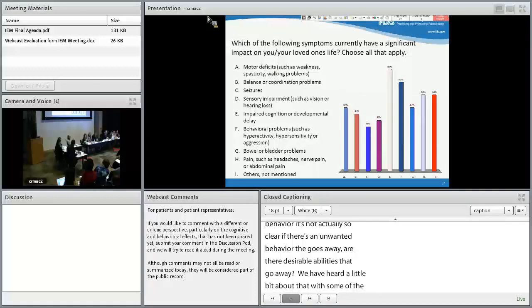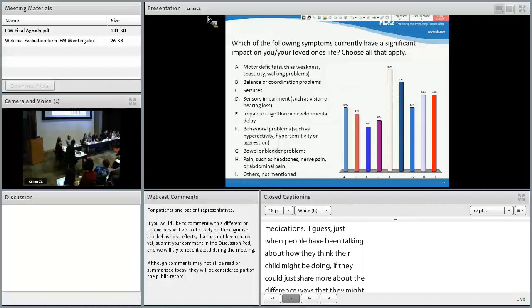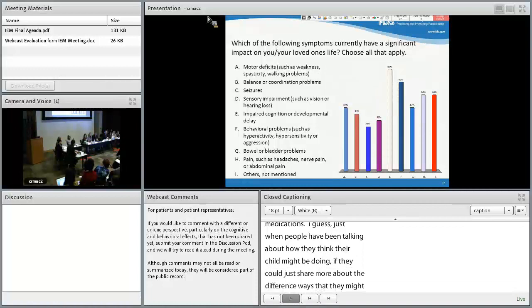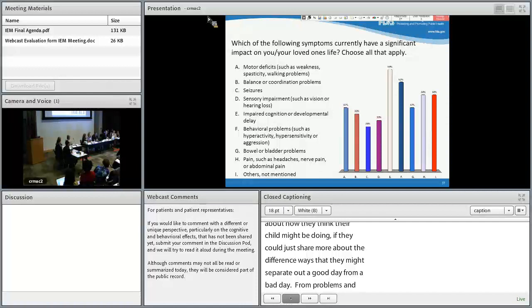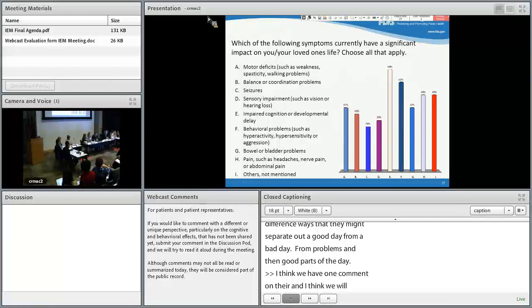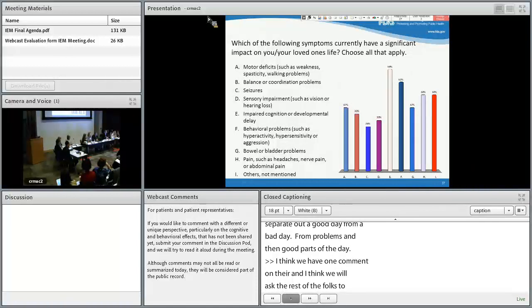But I guess just when people have been talking about how they think their child might be doing, if they could just share more about the different ways that they might separate out a good day from a bad day, from problems and then good parts of the day. So I think we have one comment on there, and then I think we'll ask the rest of folks to really expand upon that in your docket comments. But we do have one comment back there.